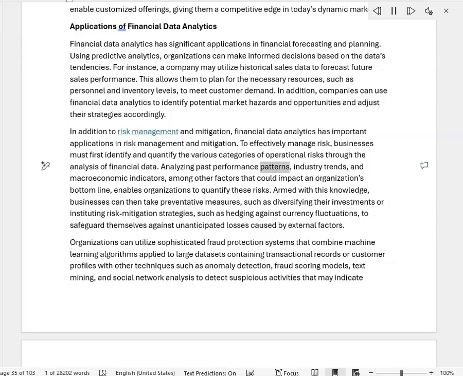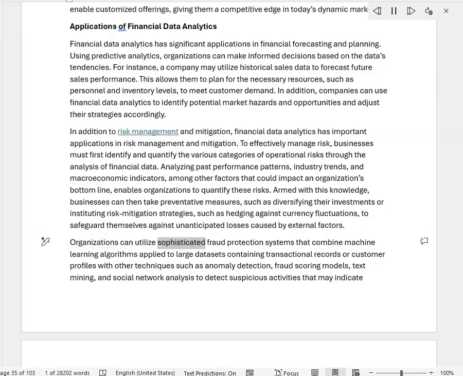Analyzing past performance patterns, industry trends, and macroeconomic indicators, among other factors that could impact an organization's bottom line, enables organizations to quantify these risks. Armed with this knowledge, businesses can then take preventative measures, such as diversifying their investments or instituting risk mitigation strategies, such as hedging against currency fluctuations, to safeguard themselves against unanticipated losses caused by external factors.